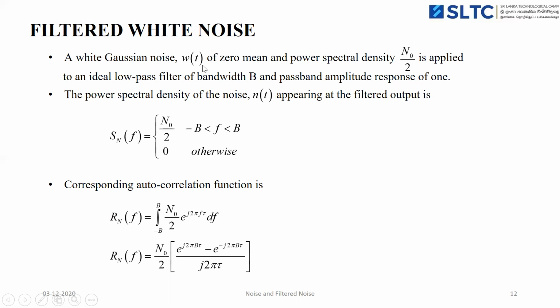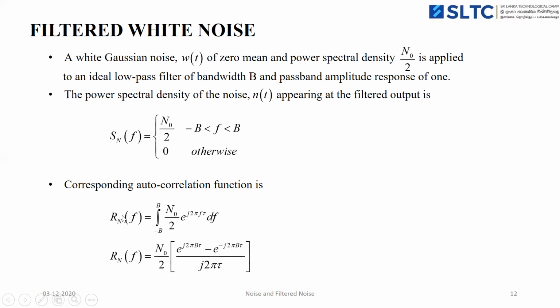After filtering, the power spectral density of the white noise becomes N0 by 2, but limited to the band from minus B to plus B. Now we can find the corresponding autocorrelation function for the filtered noise, that is Rn of tau equals the integral from minus B to plus B of N0 by 2 e power minus j2 pi f tau df, which means the inverse Fourier transform of the power spectral density.